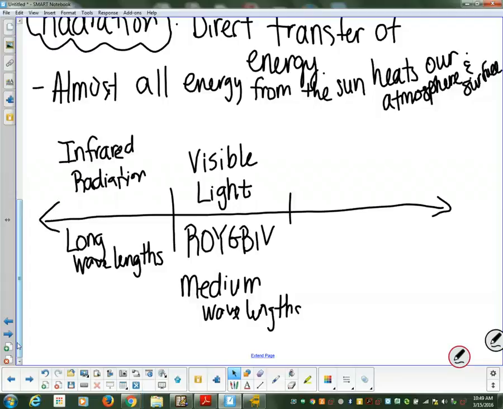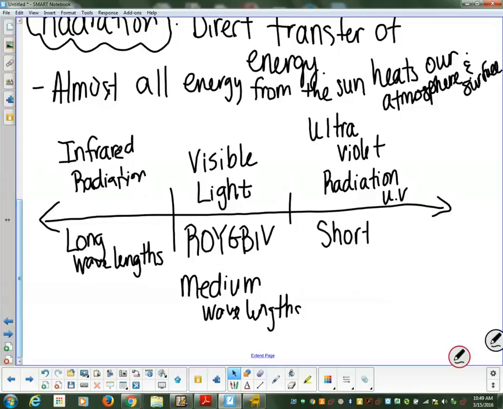And then over here we have what we would call ultraviolet radiation. And this one is also known as UV radiation. And these have short wavelengths. Okay, so a little different here. Long wavelengths, short wavelengths. And these are the ways that we receive the electromagnetic waves from the sun. Right? So you either get them as infrared, visible, or ultraviolet. Okay, for us to understand right now.